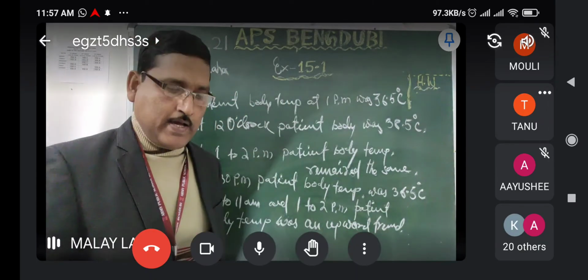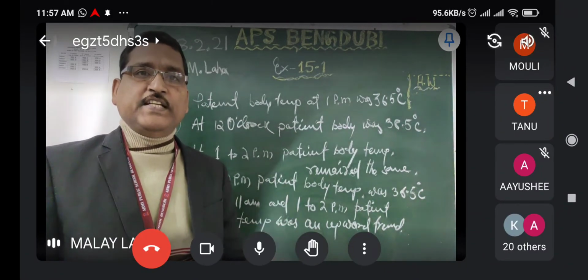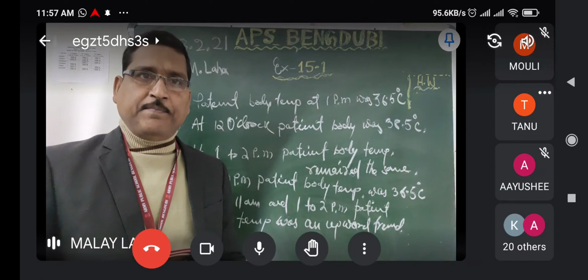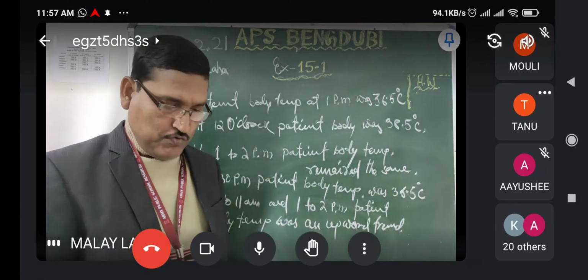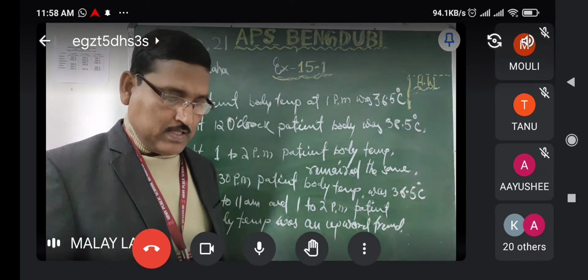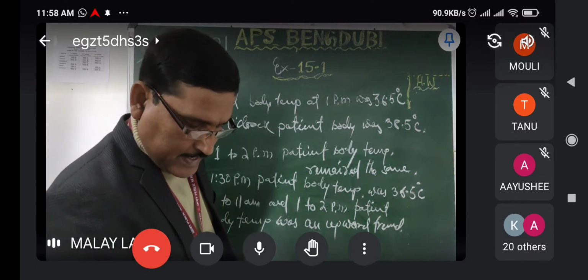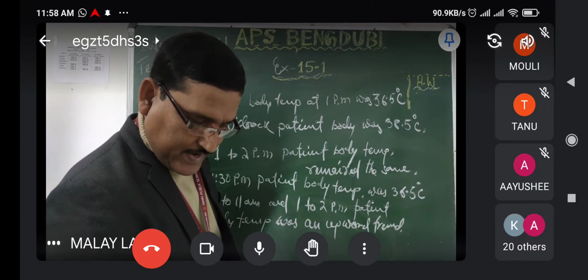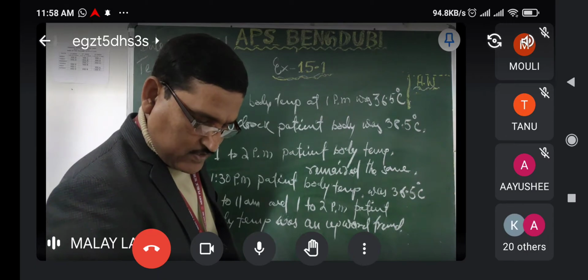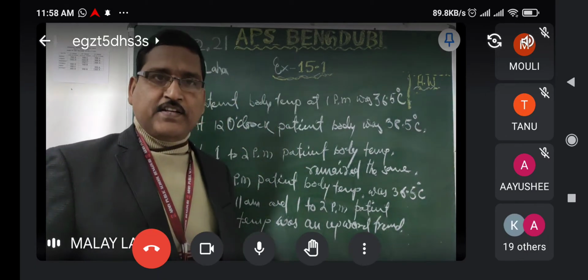What does the question say? In the graph shown, at which time is the patient's temperature increasing? So you see, from 9 to 10 the graph is in increasing order. At 9 it was 35.5 and at 10 it was 36, and from 10 to 11 it suddenly rose to 39 degrees centigrade.